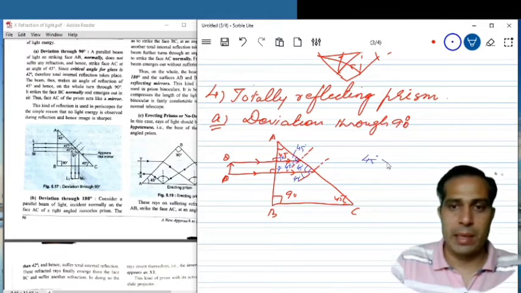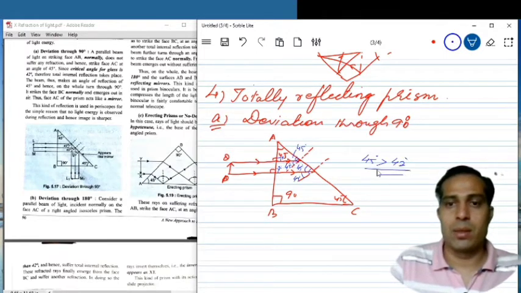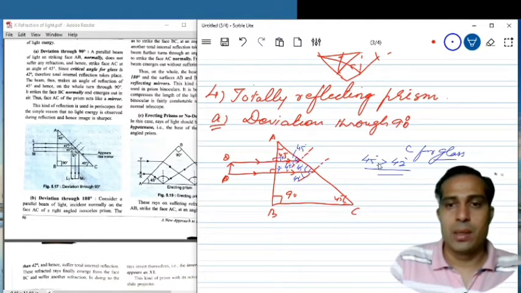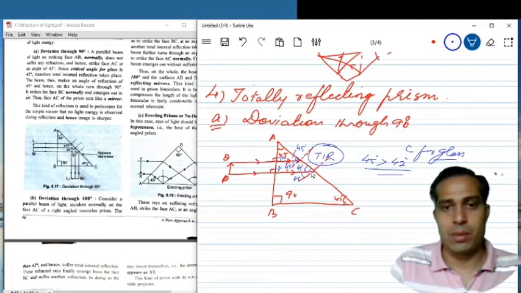So 45 degrees is greater than 42 degrees, because the critical angle C for glass is 42 degrees. So 45 is greater than the critical angle, which means there will be TIR at this surface. So here at AC TIR will take place.